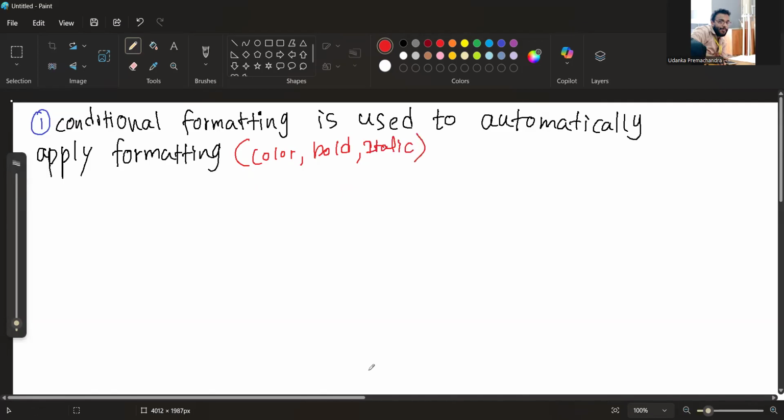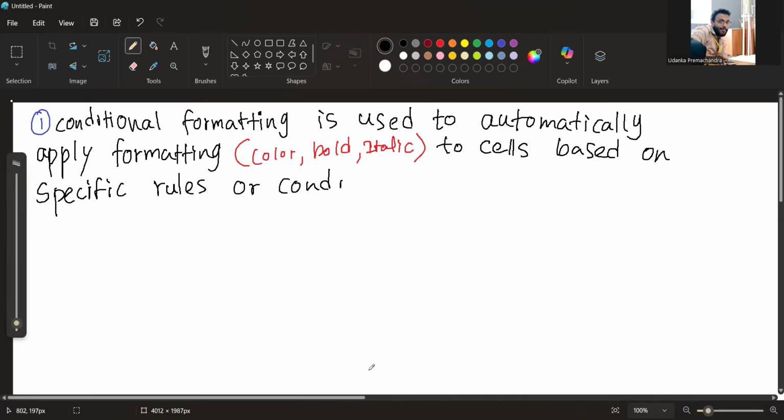And also it mainly processes the cells based on specific rules or conditions. Okay, it's running on specific rules or conditions.